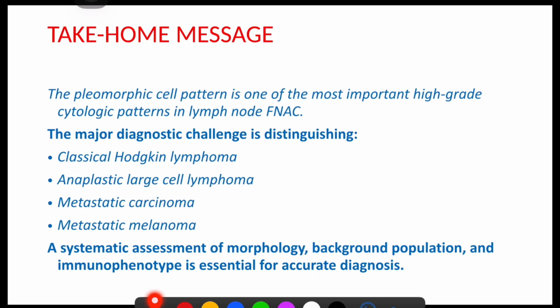So, this is the take home message: whenever you see a cytology smear, always look at the morphology of the malignant cells as well as the background of the smears.